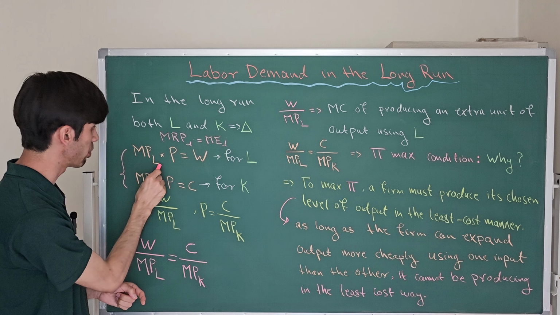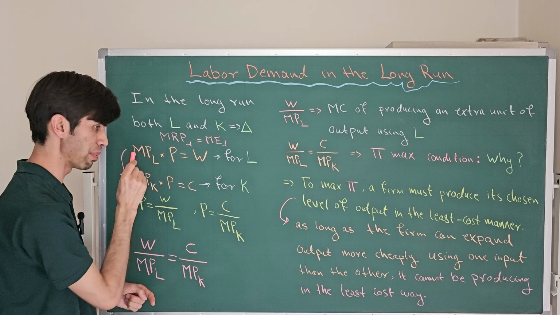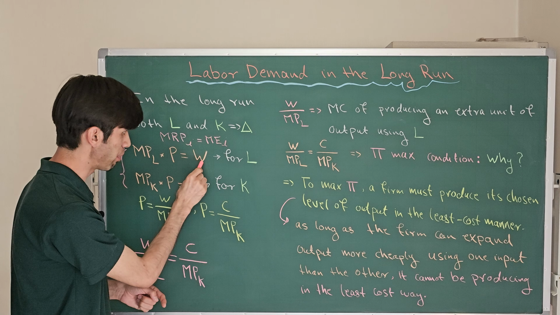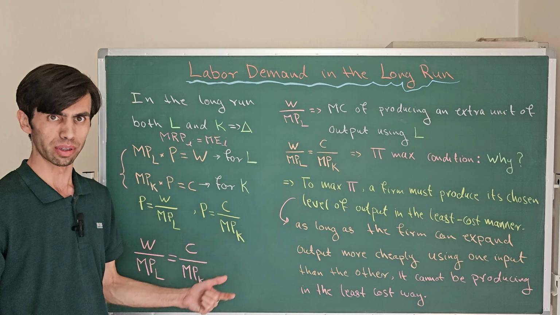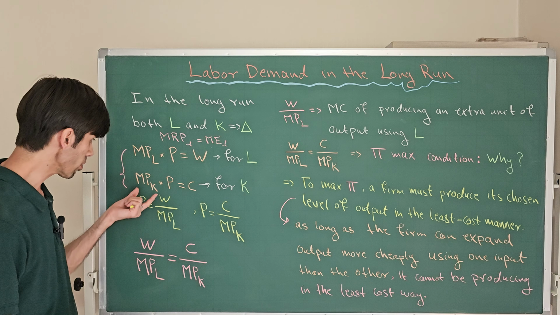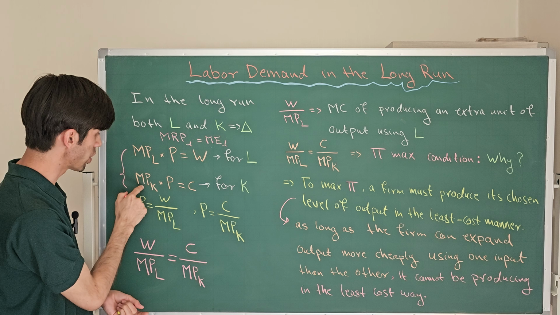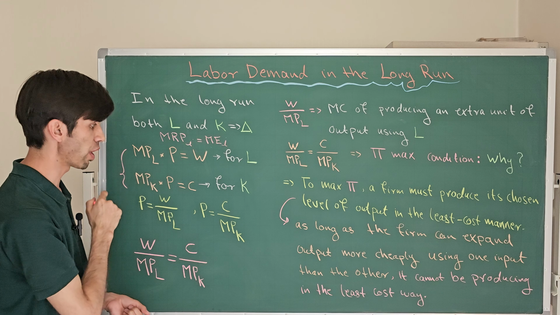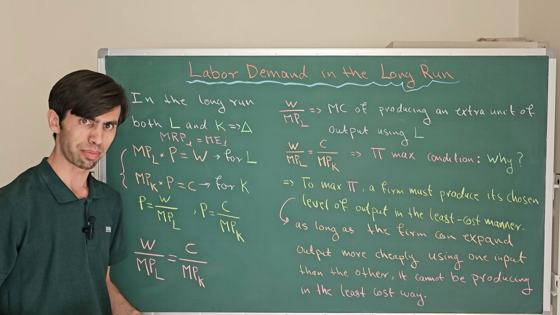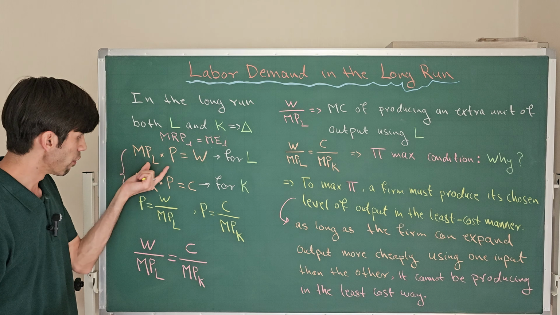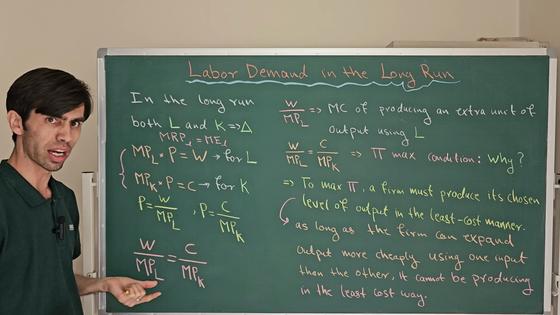Marginal product of labor multiplied by price, which is equal to marginal revenue product of labor, is equal to W, or wage rate, which is equal to marginal expense of labor for the labor demand. For the capital, marginal revenue product of capital is equal to marginal product of capital multiplied by price, and marginal expense of capital is equal to the cost of capital. So from these two expressions, we can isolate P, the price.